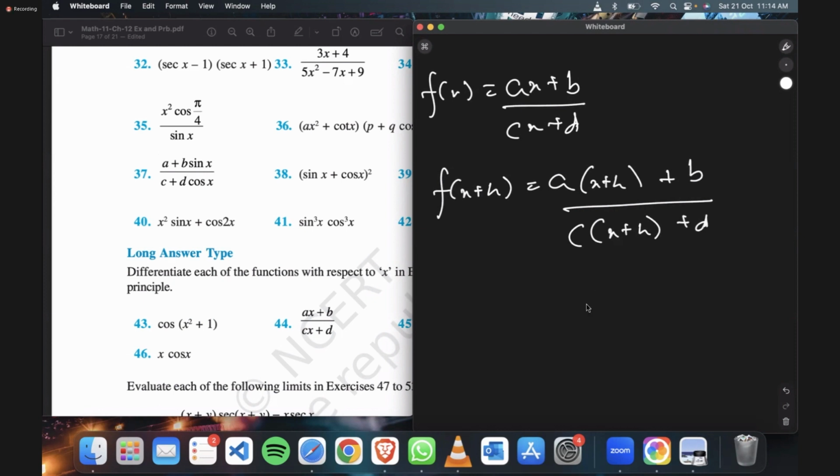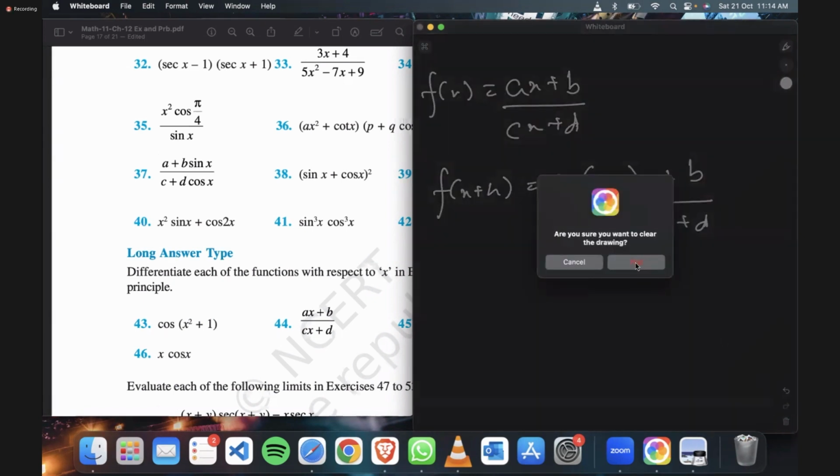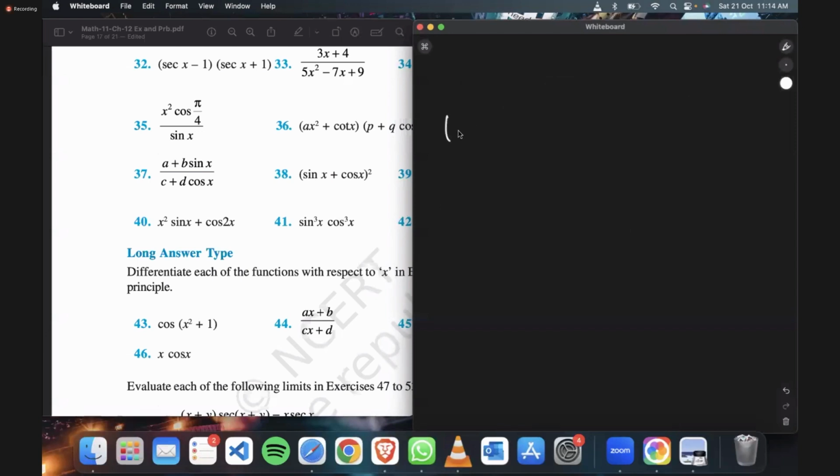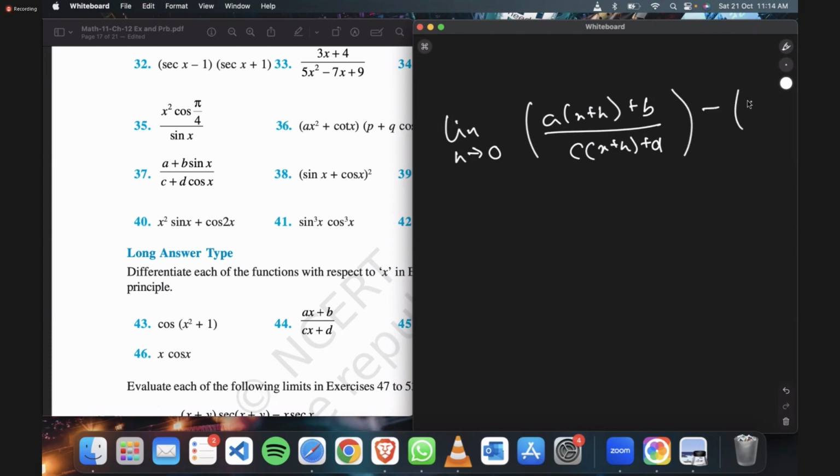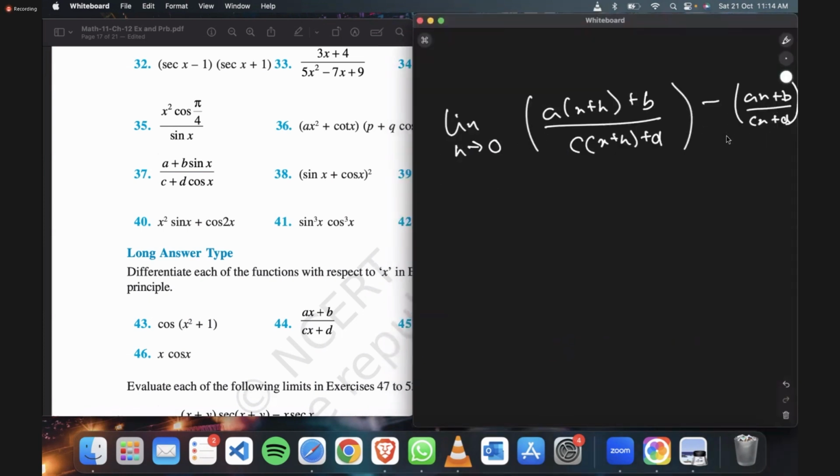Now, if I just put in the values in that formula, I'm going to have limit h tends to 0 of a times x plus h plus b over c times x plus h plus d, and f(x) here is ax plus b divided by cx plus d, whole thing divided by h.